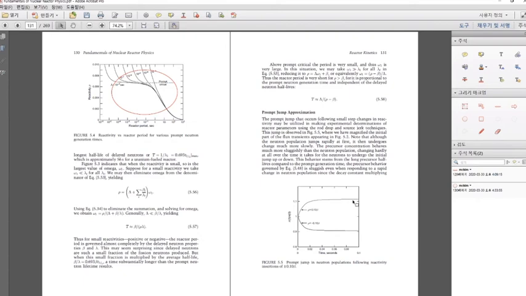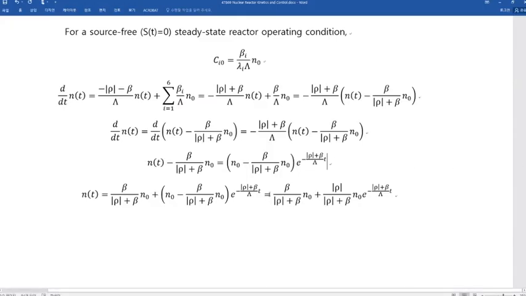This value is given by only this part, because the second term will gradually decrease as t increases. If we assign n1 for this new steady state value, this will be denoted as n1.